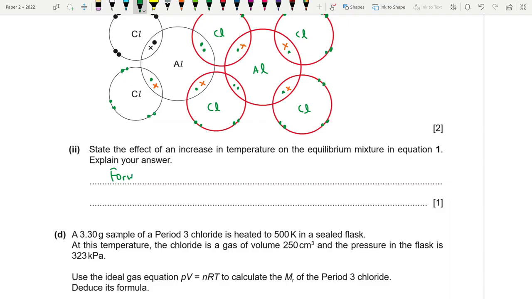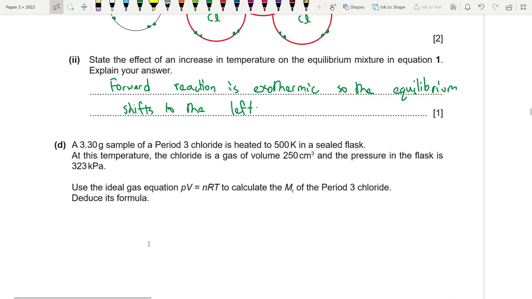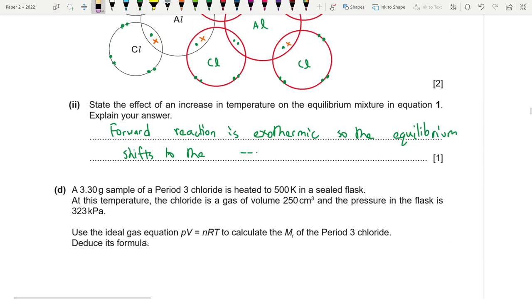So the forward reaction is exothermic, so the equilibrium shifts to the left. Fine. That's great. They said left hand side. Okay, fine.